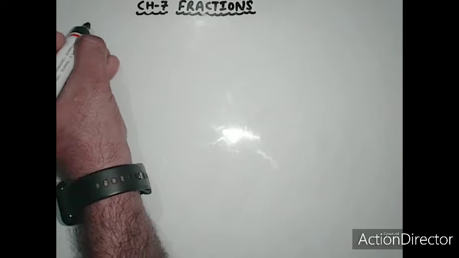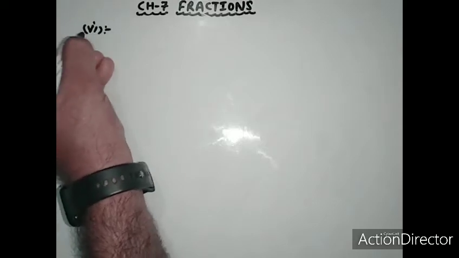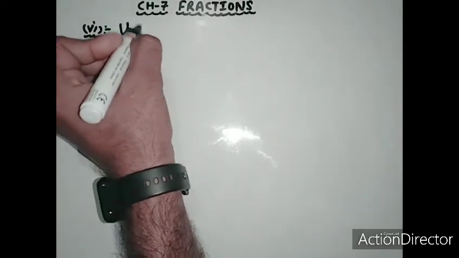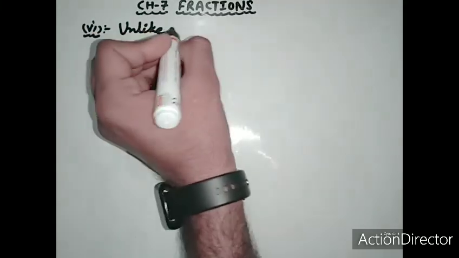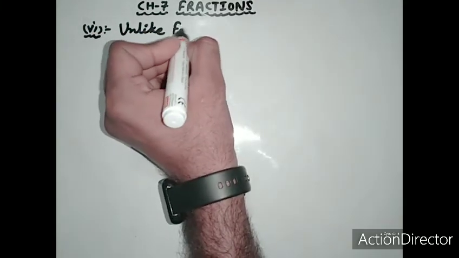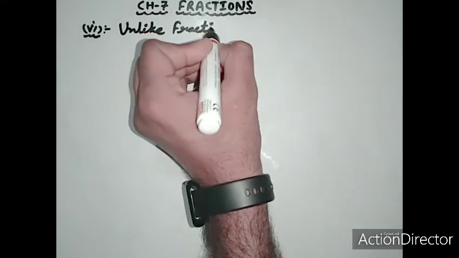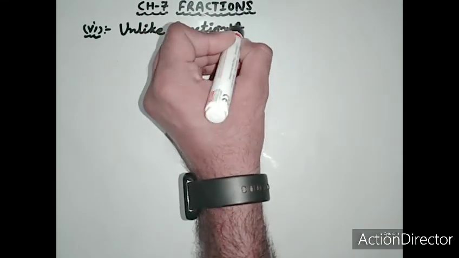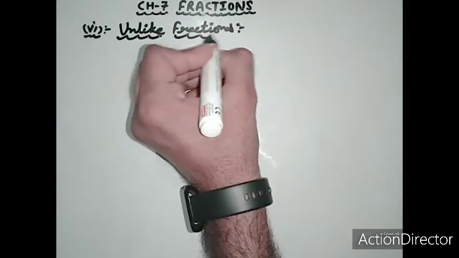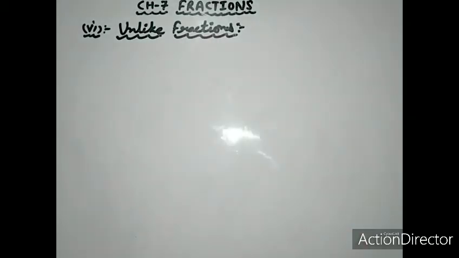Now the sixth type of fraction: unlike fractions. So what is an unlike fraction? Fractions whose denominators are different are called unlike fractions.